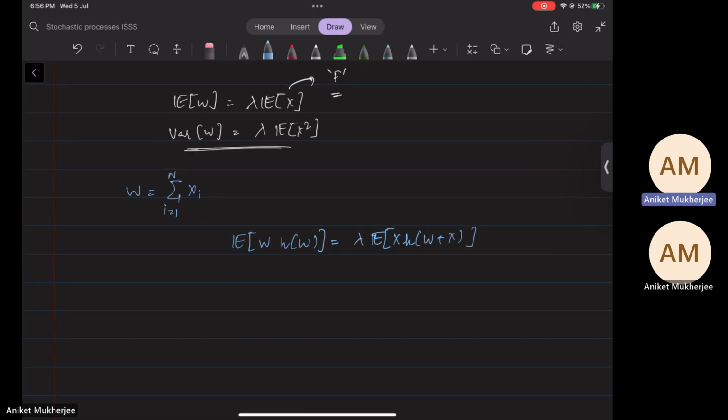This is a lemma, or a property, of the compound Poisson process.